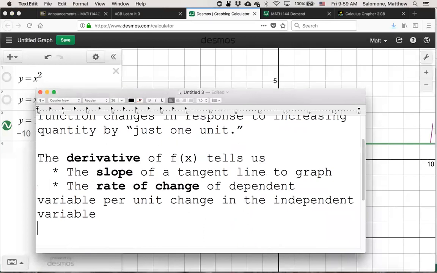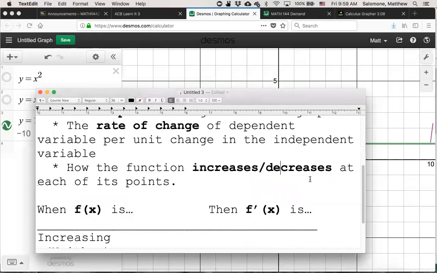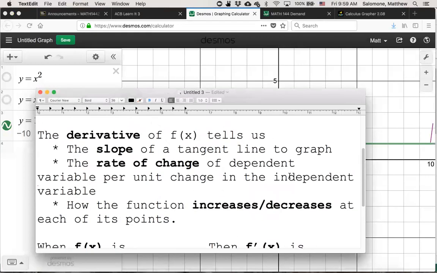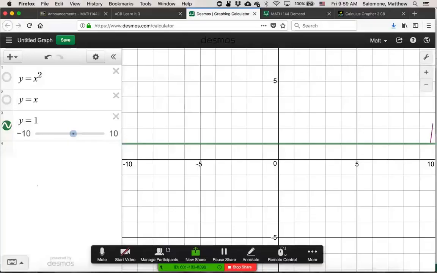As a result, it tells me how the function increases or decreases at each of its points. Those are the things the derivative of a function f of x is going to tell us. So for the derivative of a constant function, because the derivative tells me the slope of the graph, that slope is always going to be equal to 0.